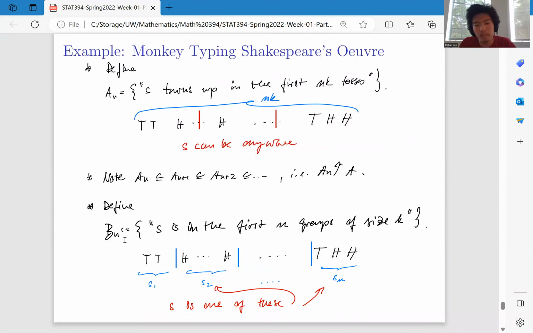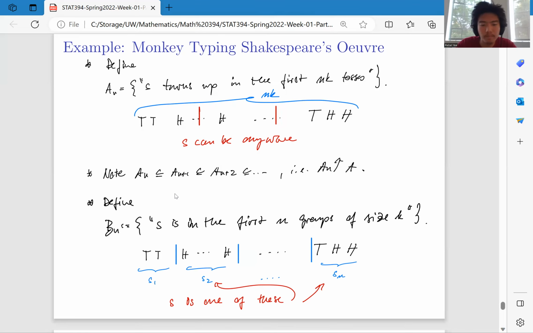But for Bn, you can't partition any set out. It's in the regular partitioning like S1, S2. So one of those partitions will be the ideal result. So that's the difference between the definitions of these two sets.